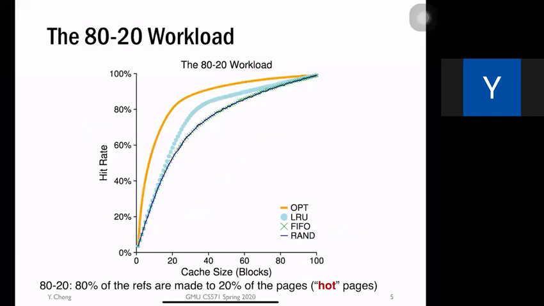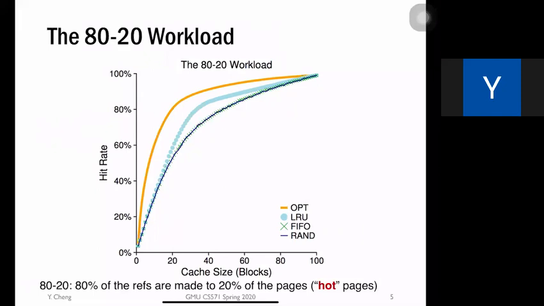The second workload is called 80-20. If you look at the bottom of the slide, 80% of all the references are made to the 20% most popular pages, or what are called hot pages. It implies some sort of locality, because there are repeated memory accesses targeting those popular pages, which make up 20% of all the 100 unique pages.